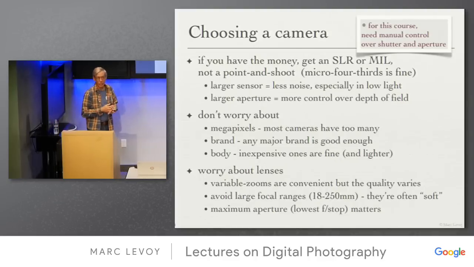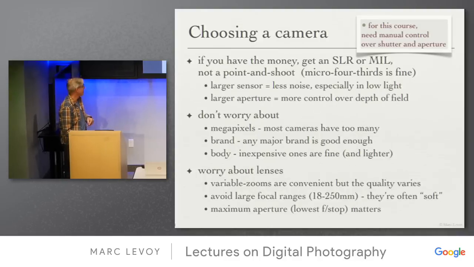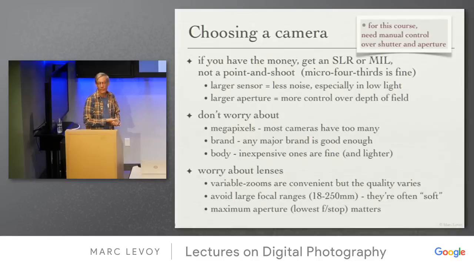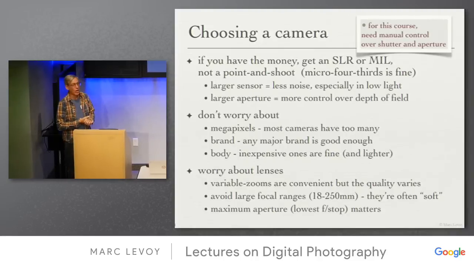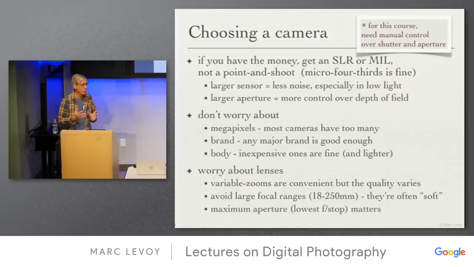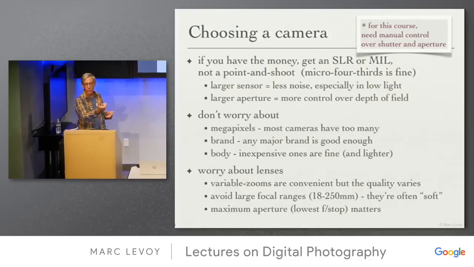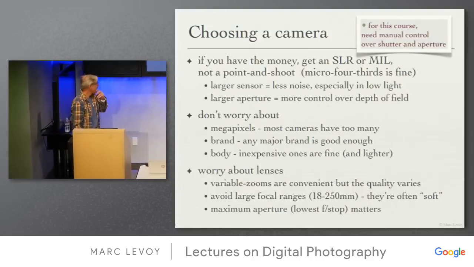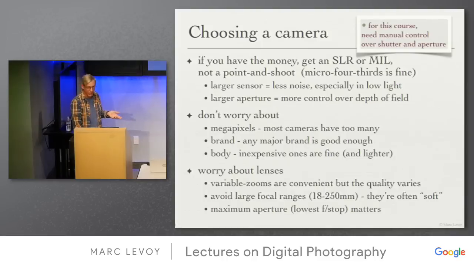The variable zooms are convenient, but there is a trade-off in quality. We'll talk about that next week. The so-called super zooms that go from 18 to 250 are getting better, but they're still a bit soft, meaning they don't produce as sharp an image at the two extremes of the zoom. The maximum aperture, meaning the lowest f number or lowest f-stop, does matter because you want to capture light.